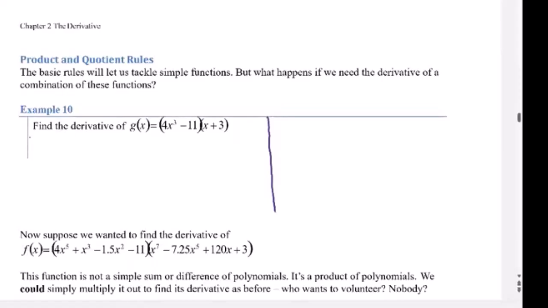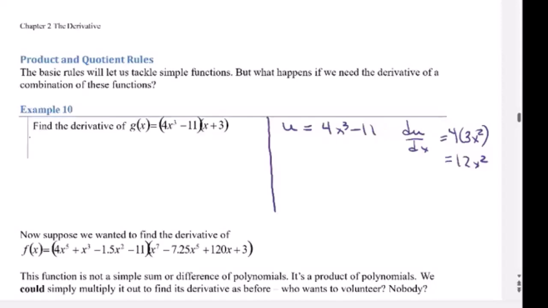Actually, since I'm using g here, I can say u equals 4x cubed minus 11, and du dx is equal to 4 times 3x squared, which equals 12x squared.